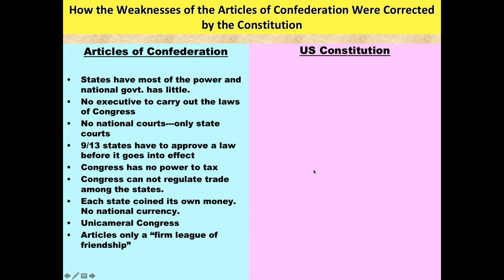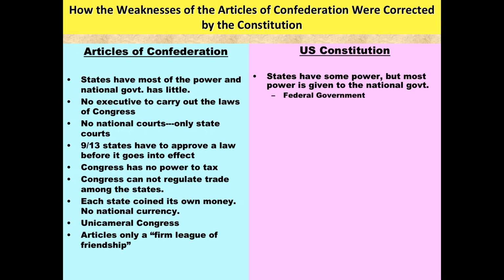So the Constitution is going to have a strong central government, something we severely lacked under the Articles. It's also going to have an electoral college to decide how to vote for and select the president.